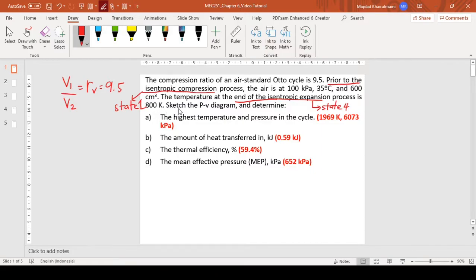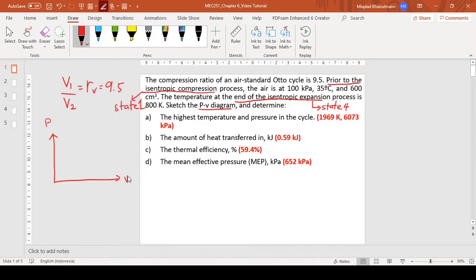So sketch the PV diagram and determine, A, the highest temperature and pressure in the cycle. To find the highest temperature and pressure, let us sketch the PV diagram of the Otto cycle.